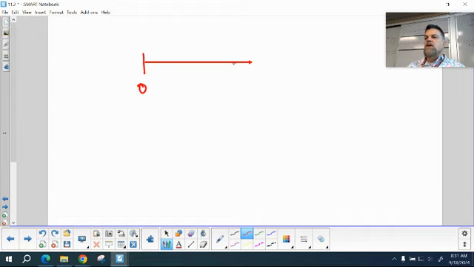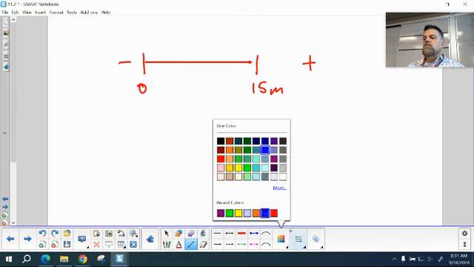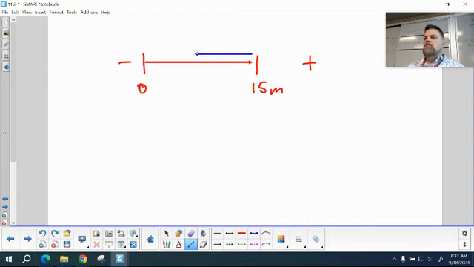This is my 0 point, and I've gone 15 meters this way. This is the positive direction, and this is a negative direction. But then I go this direction. How far, you ask? 8 meters.